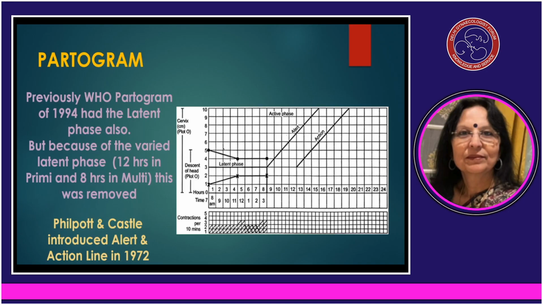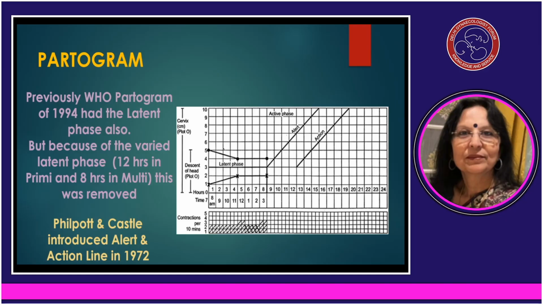Now in this partogram, the latent phase is there for 8 hours only. But we know that the latent phase in a nullipara can go up to 12 hours, and in a multipara, it can go up to 8 hours. And in case there's a protracted labor, this can even go up to 20 hours in a nullipara and 14 hours in a multipara.